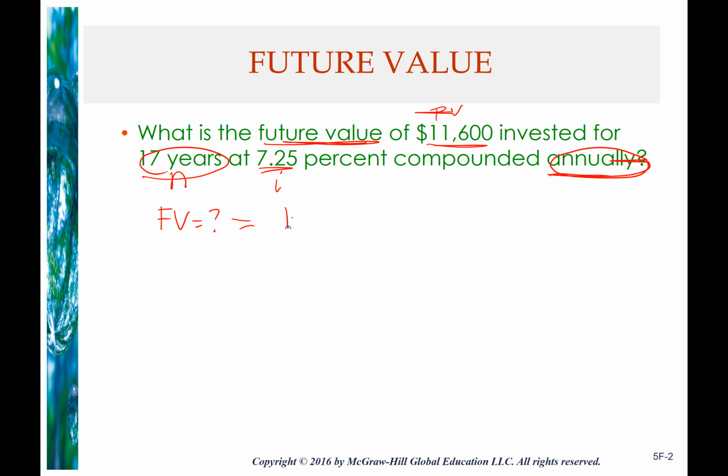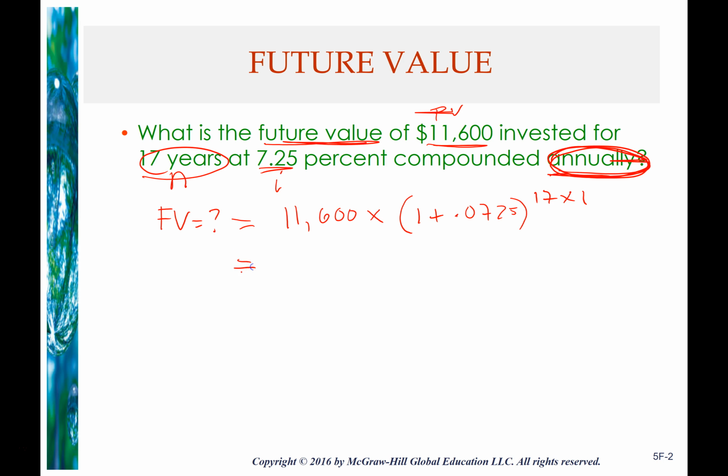All right, we have a present value of $11,600 times 1 plus your I, which is 7.25%, compounded annually for 17 years. So it is 17 times 1, compounded annually, meaning that you get paid once a year.